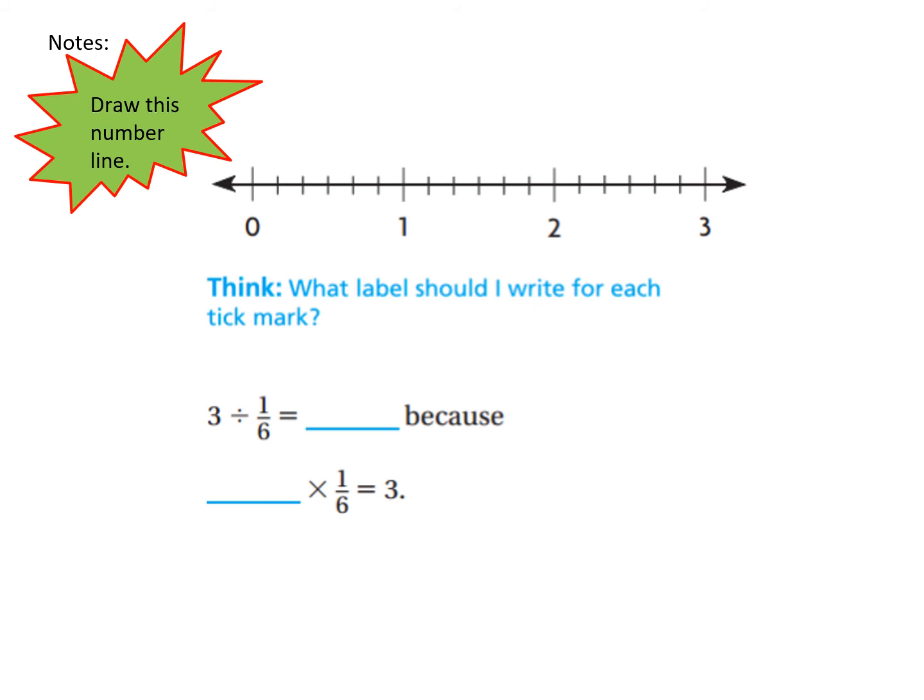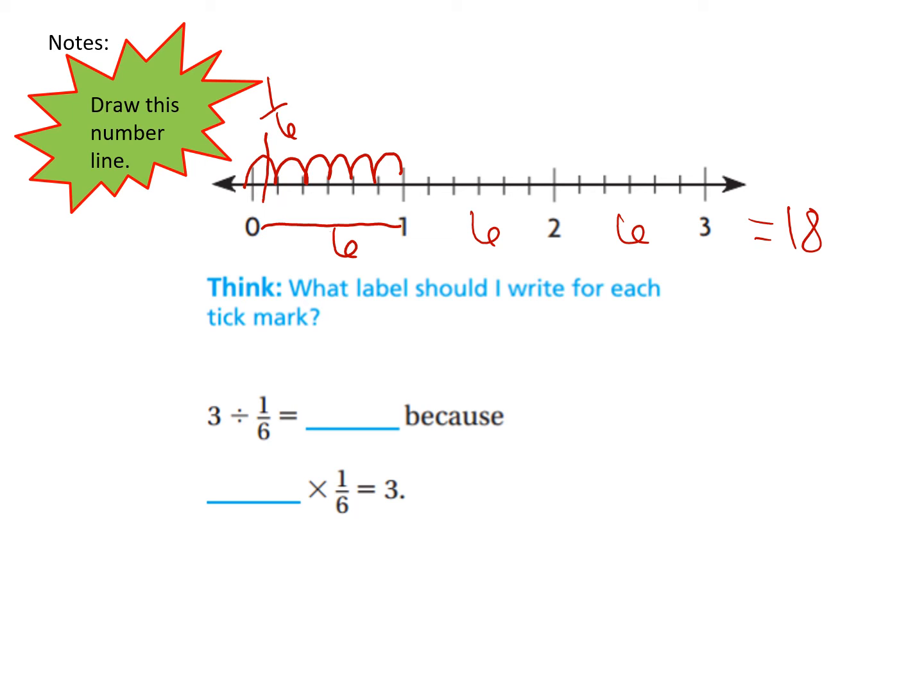All right? So look at this number line. What label should I write for each tick mark? So let's count how many spaces between 0 and 1. We've got 1, 2, 3, 4, 5, 6. So each piece is worth 1/6. So I have 6 pieces between 0 and 1, 6 pieces between 1 and 2, and 6 pieces between 2 and 3, for a total of 18 pieces.